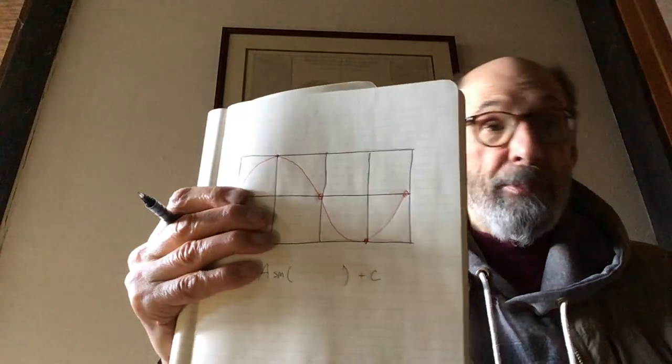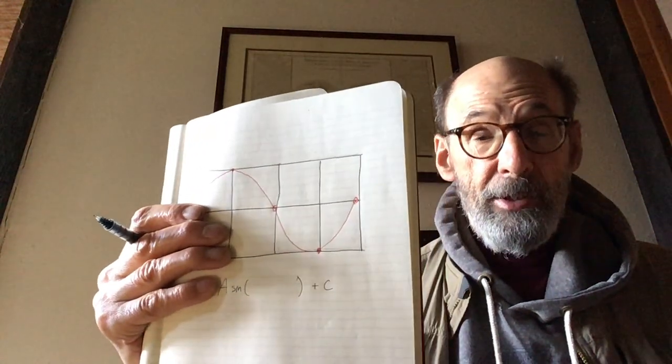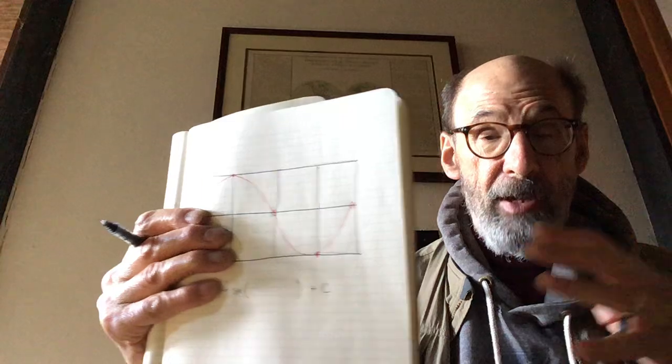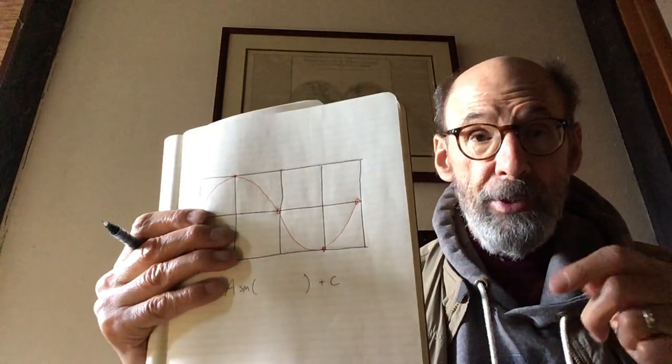And in the end, we're going to add something to that, so I'm going to call that c. And inside the parentheses, there's another set of parentheses, because we have to separate out the phase shift from the change in period. So I'm going to use a period of p.